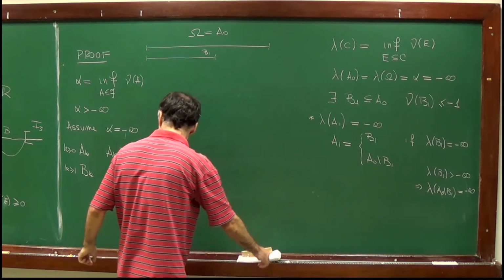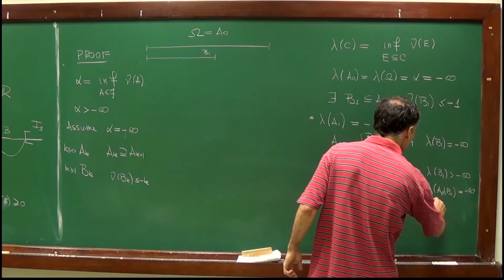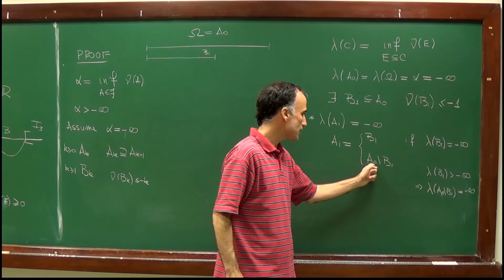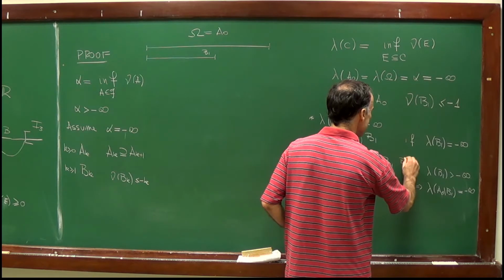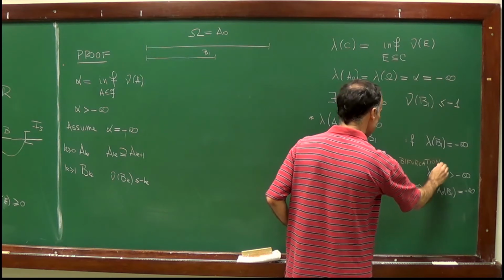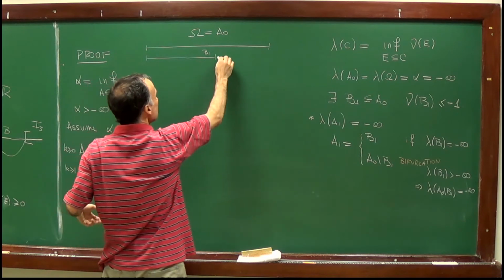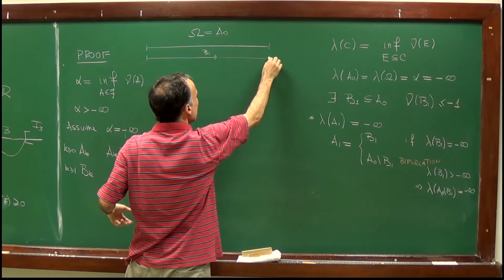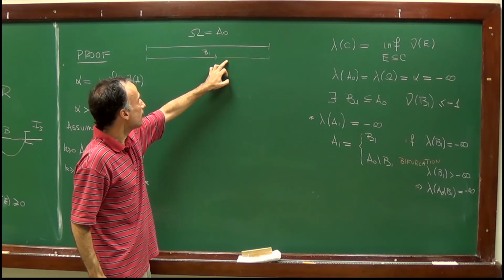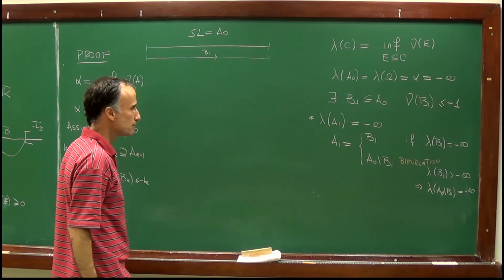So in the second case, I will say that we have a bifurcation. A1 will be either B1 or it will be A0 minus B1. In the case in which A1 is equal to A0 minus B1, we say that there is a bifurcation.